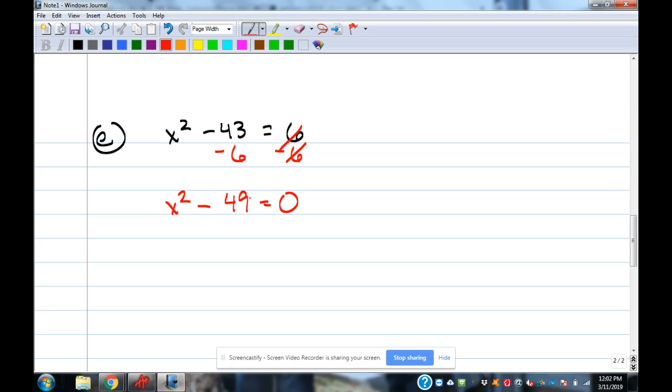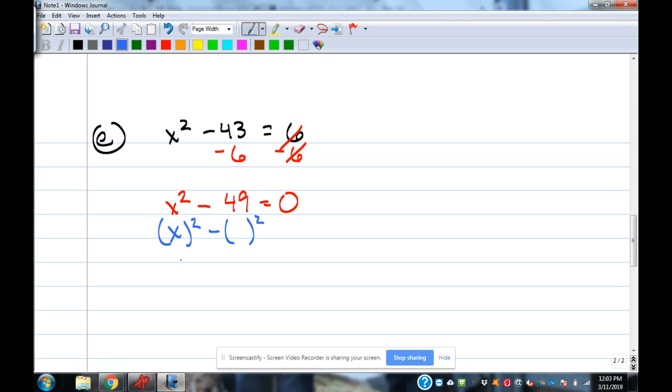Is that in descending order? Yes. Is there a GCF between x squared and 49? No. What's the method that I'm going to use for factoring that? It's got 2 terms. That's key because that tells us what to do. Difference of squares. What squared gets me x squared?